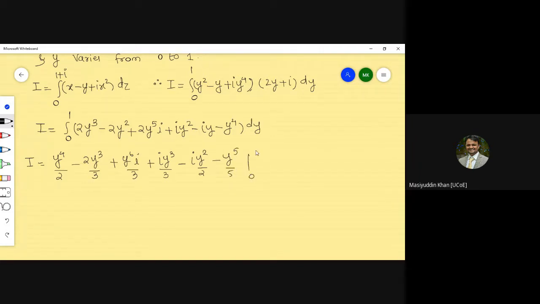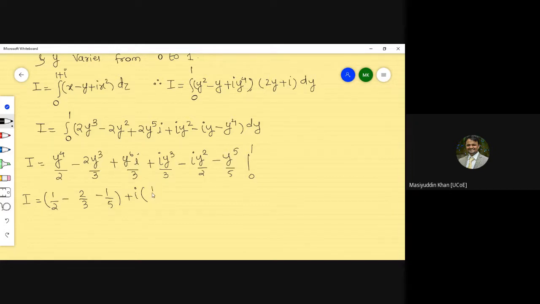Limit point 0 to 1. So I is equal to 1 by 2 minus 2 by 3, I'm just writing the real part one side, minus 1 by 5. So this is my real part, and I'm taking i as a common factor in all the terms, so plus i as a common factor and substituting the value of 1 in imaginary parts.